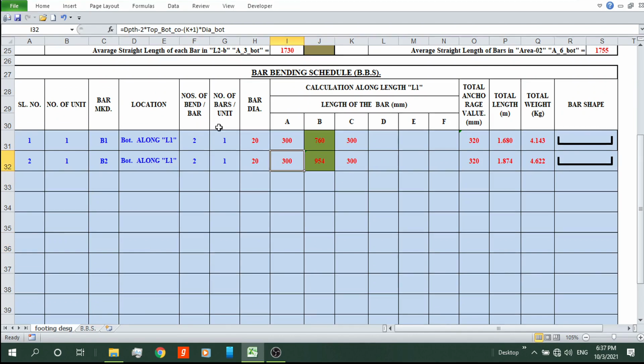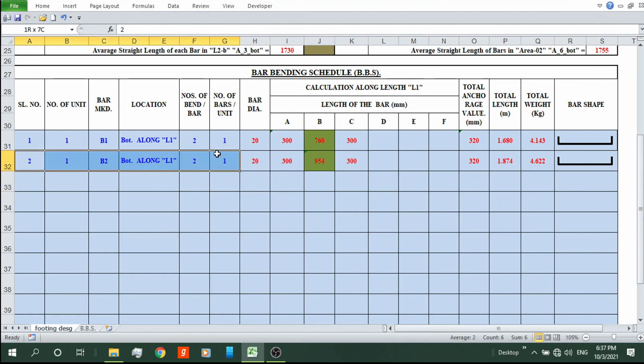This is side, this vertical portion, and this is this vertical portion. A is equal to depth of pile cap minus 2 top bottom cover minus K plus 1 dia bottom.